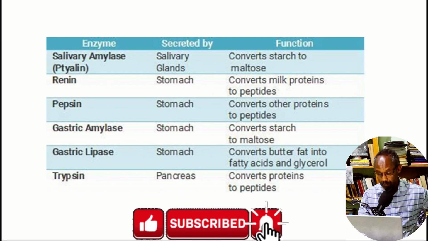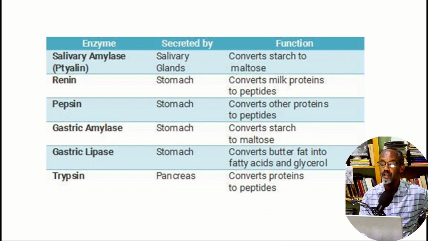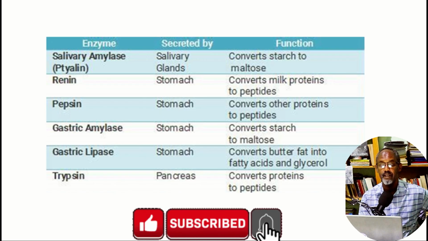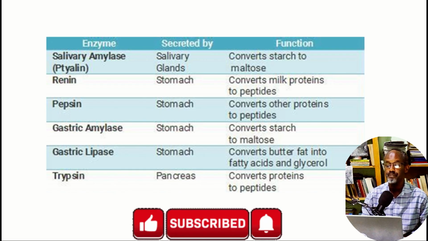Gastric amylase is the amylase that comes together with your food during swallowing from the salivary gland. Gastric lipase converts butter fat into fatty acid and glycerol, and trypsin from pancreas converts proteins to peptides.